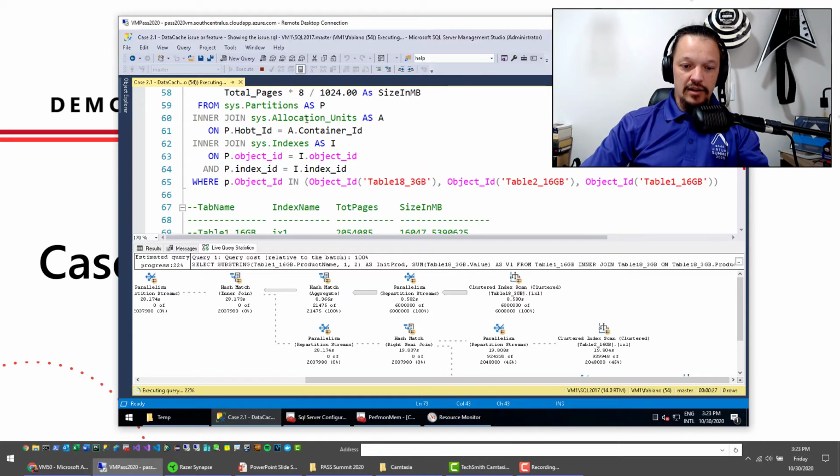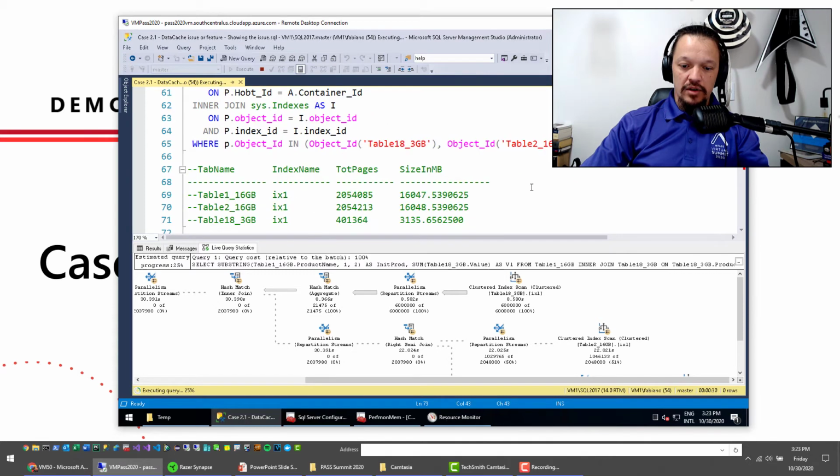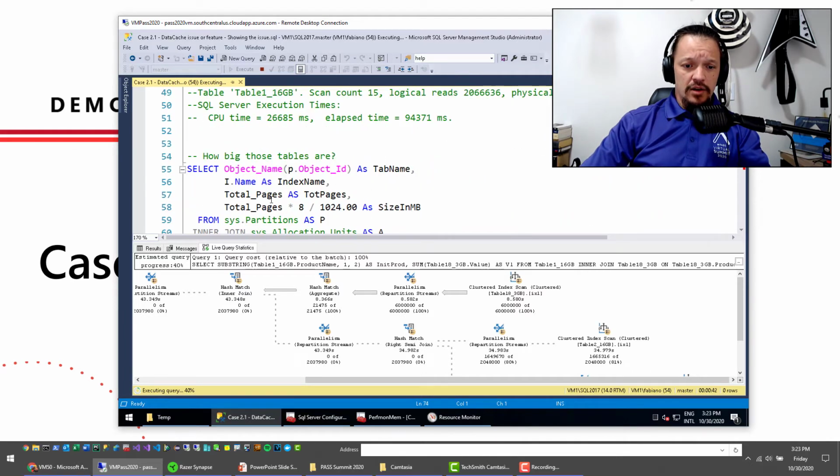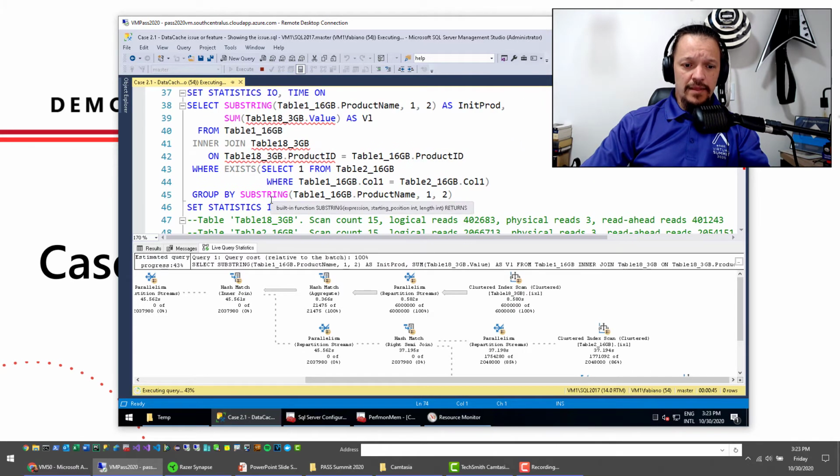I'm looking here at the size of each table. And if I scan the whole thing, all the pages, the total will be 35. So I do have more than 35 gig available, okay? So they should be there, right?